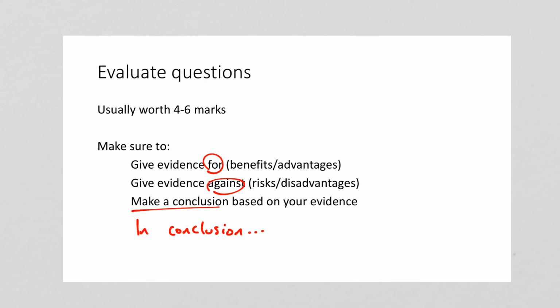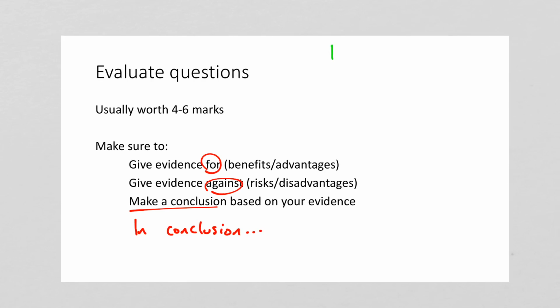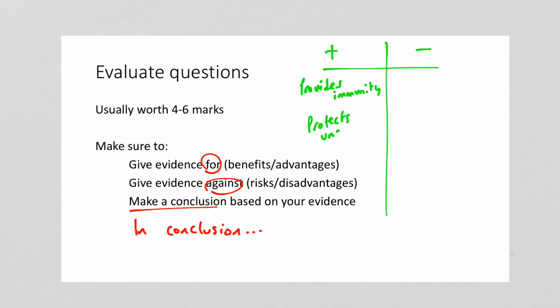Anytime you have a 4 to 6 mark question, it's not a bad idea to start with a plan. So what I would do if I was writing up a question that said evaluate the use of vaccines, I would make a little table. I would say plus, I would say minus, and then I would start to write down some of my arguments. So for example, for plus, I might say provides immunity, I might say protects unvaccinated through herd immunity.